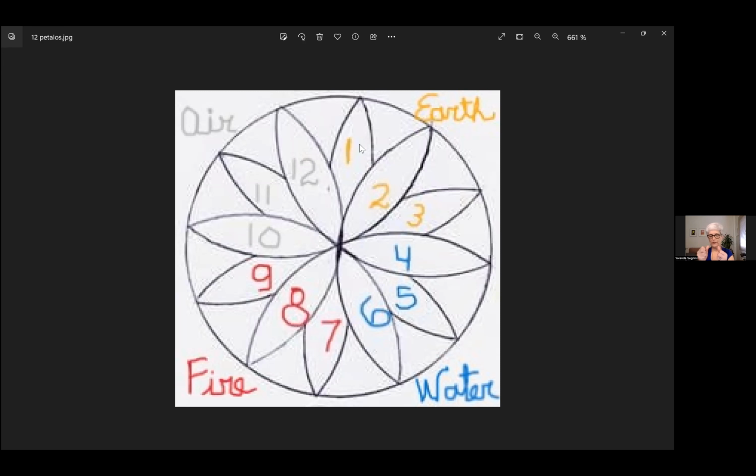We do the mudra, and the mudra of air is with the index, and we connect with this portal of the intuition.